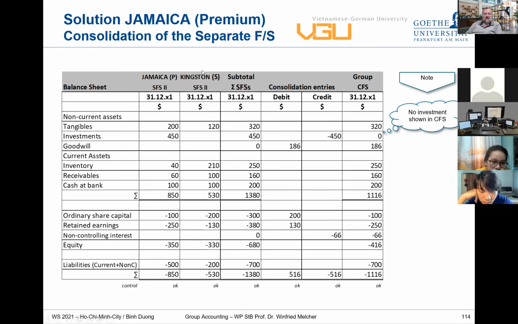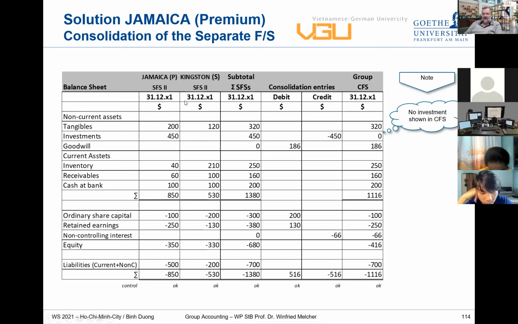And then we add all the lines in these 2 columns. If we had 50 companies in a group, we would have 50 of those columns here, and the list would be a little bit longer, but the principle is the same. So we just stick to this simplified example to be able to understand the principle.